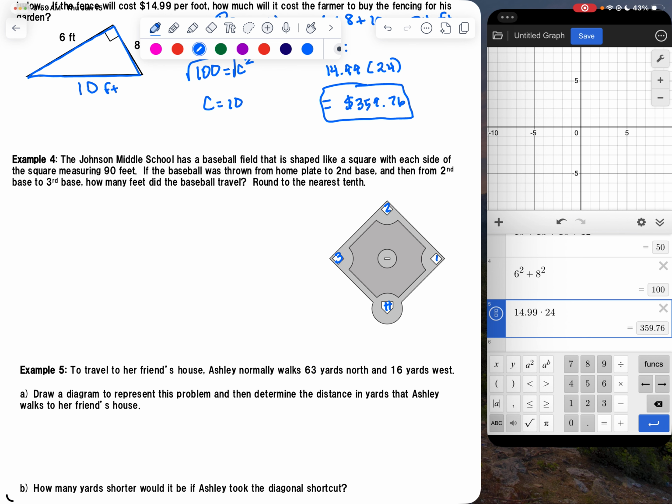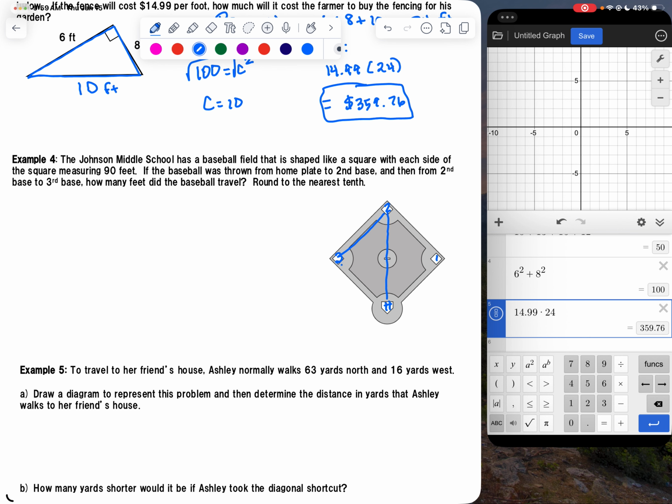Okay, so what's happening here is that the baseball is traveling from home plate to second base, so that would be like this, and then from second base to third base, so that would be like this. So we want to know the distance it would travel.